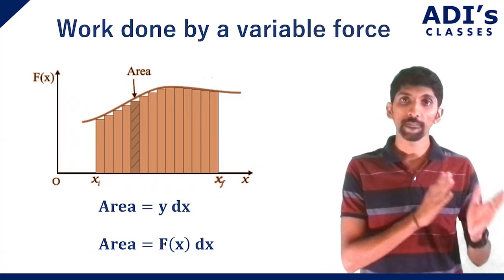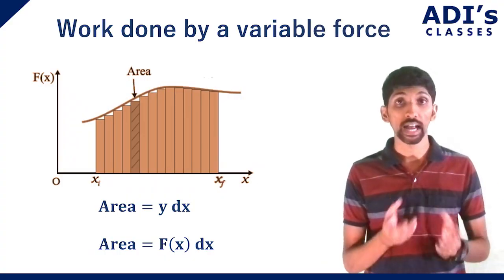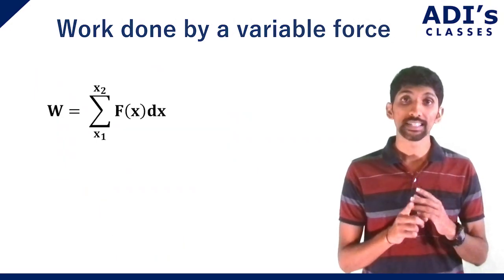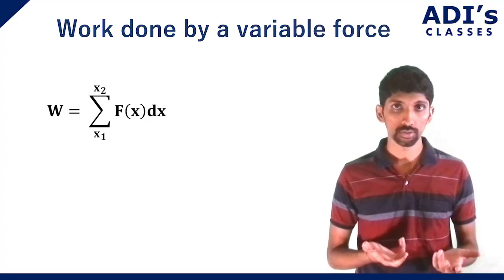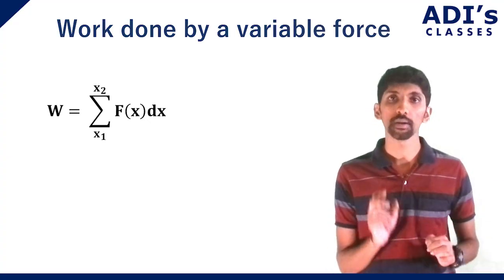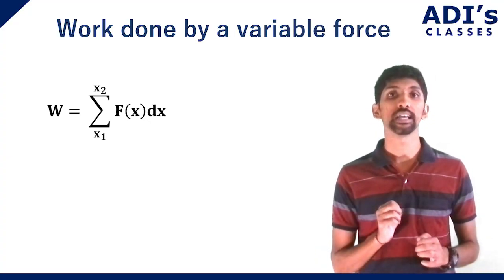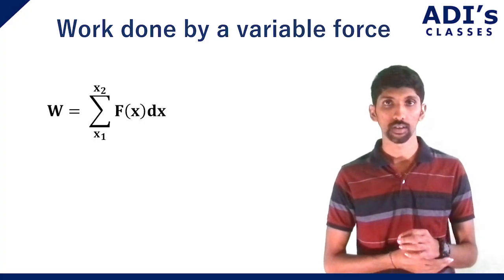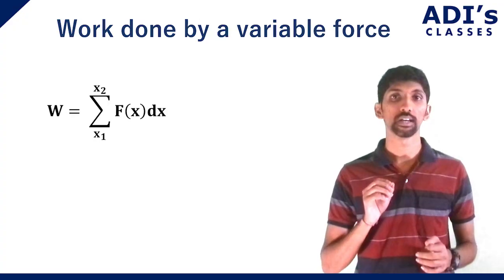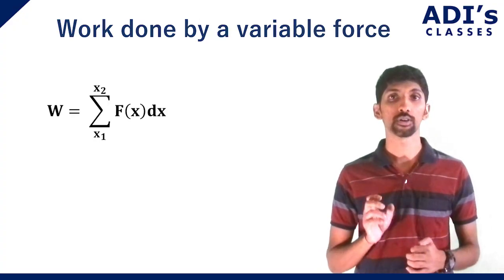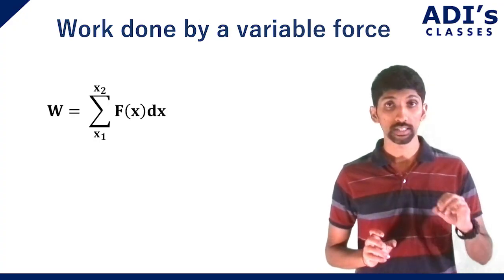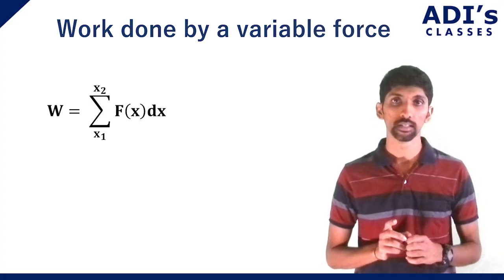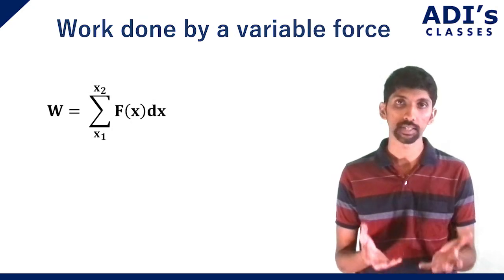Now every rectangle area you are adding, right? Addition is nothing but summation, correct? So we could use sigma here, but remember one point: sigma is for discrete values, not for continuous values. Since these are all continuous rectangles, we use the integral. Integrate means to sum up things, right?